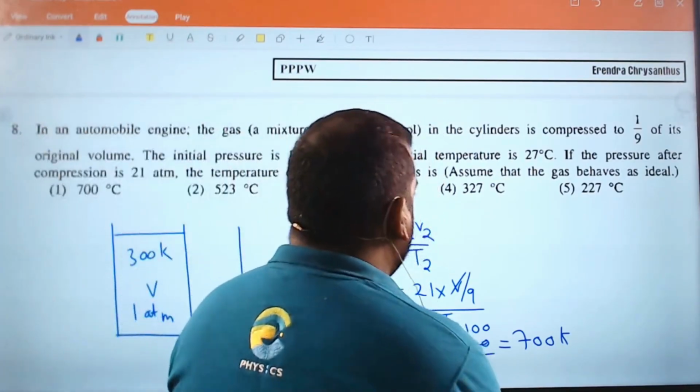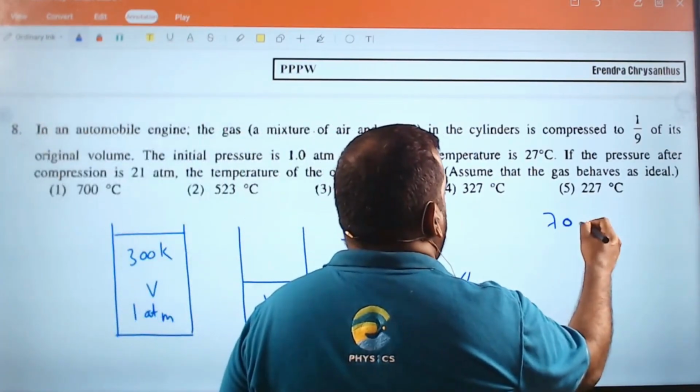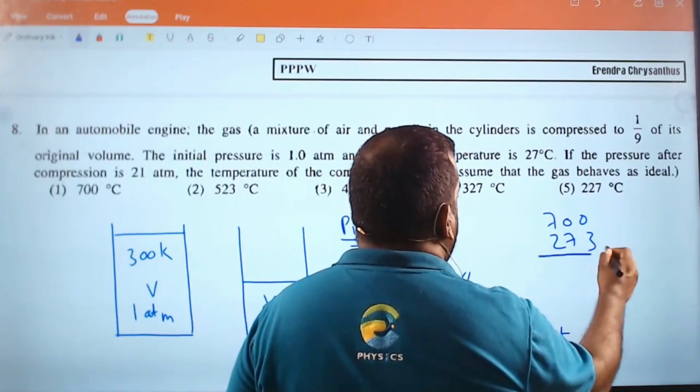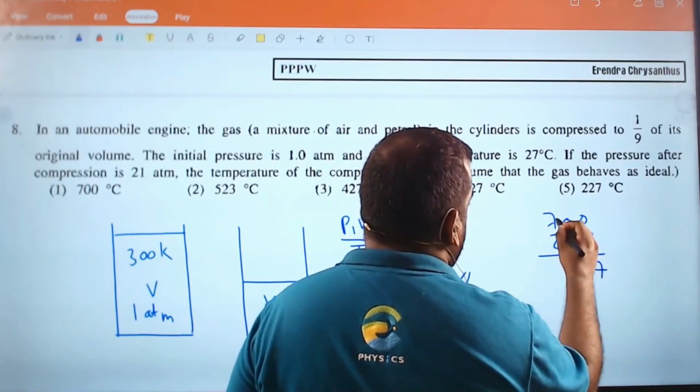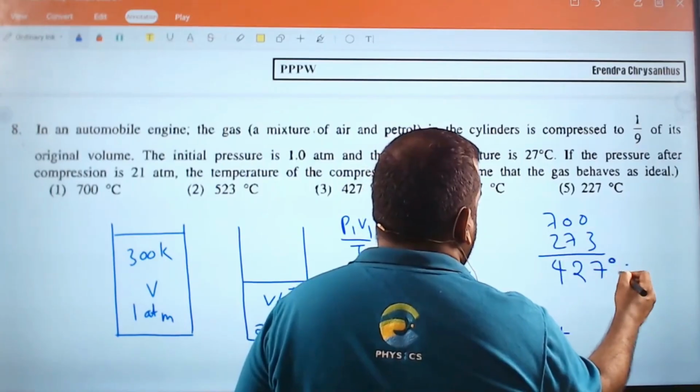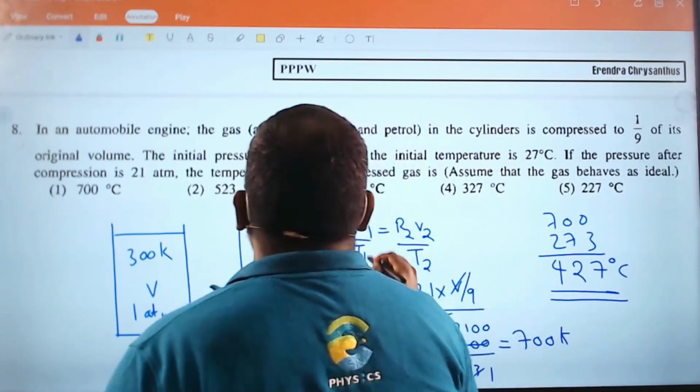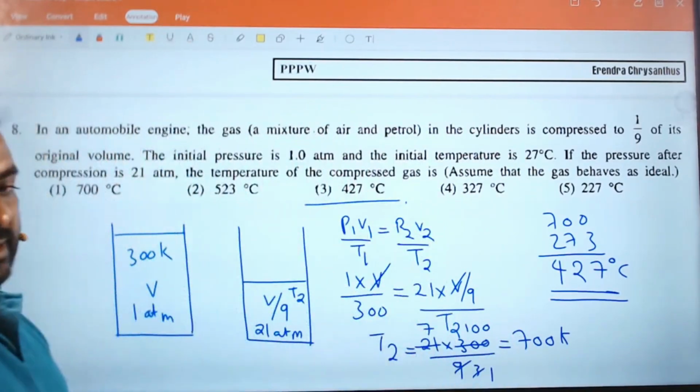All answers are in Celsius, so 700 Kelvin minus 273 is 427 Celsius. Correct answer is answer number 3.